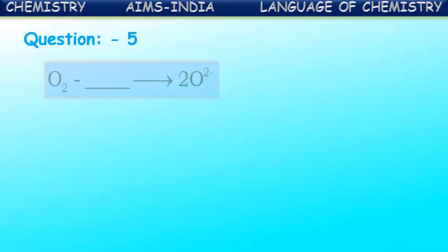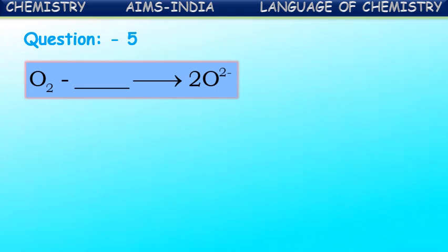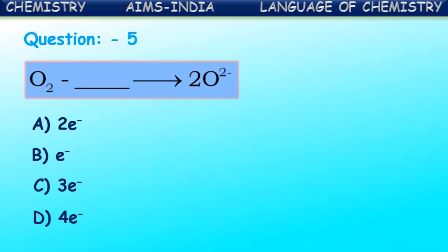Next, see the next question number 5. O2 minus gives, see here. This is our question, but actually see in the reaction what they have given, 2 minus means gaining of electrons. So the question, it should be plus here. O2 plus, if O2 gains how many electrons, it gives 2 O2 minus.